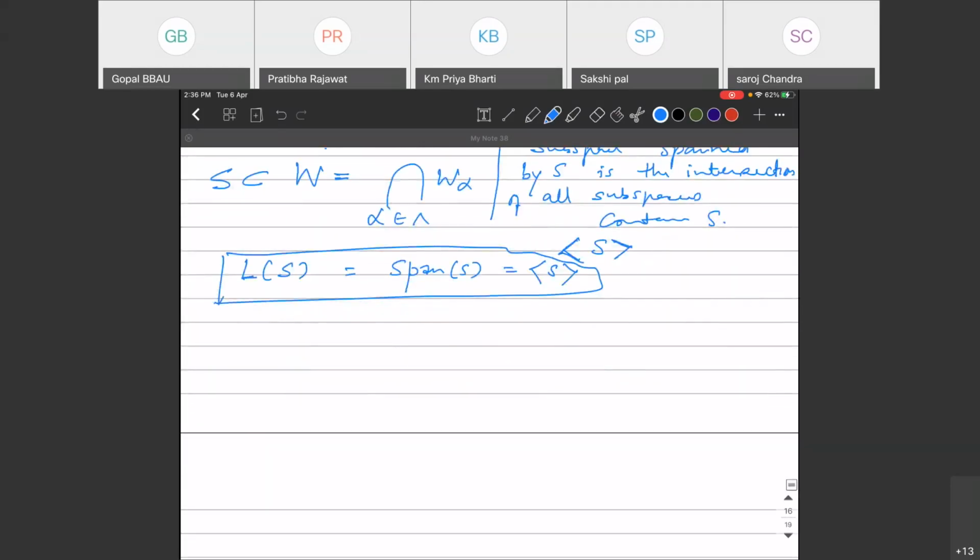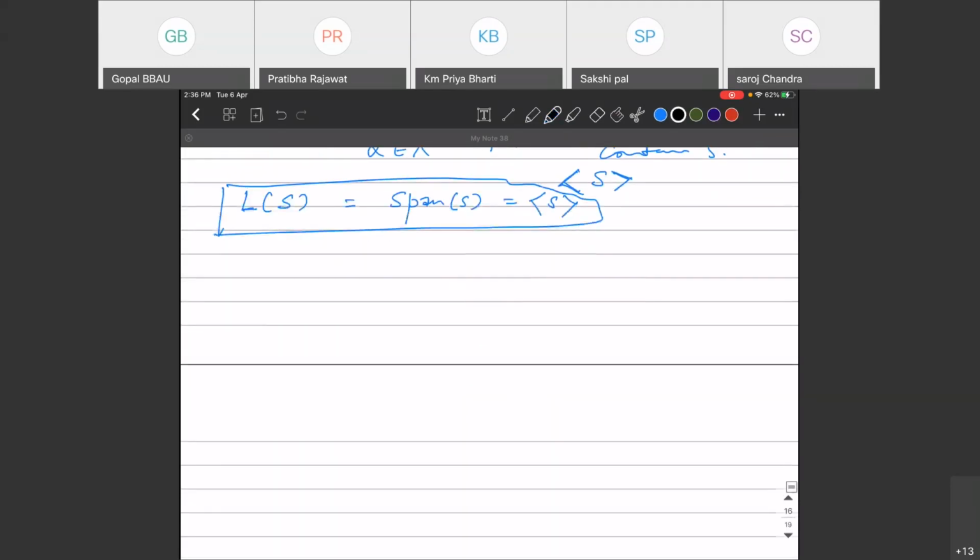Okay, now we ask another question. Suppose you have two sets S and S dash, and S dash is a subset of S. These are subsets of a big vector space.